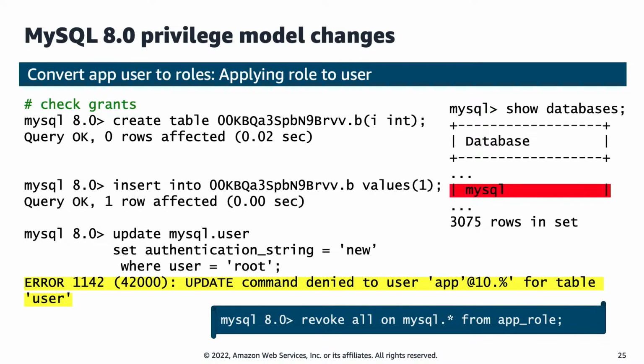And when we try to do an update, it will deny our update. So our bad actor will not be able to change the password, even if someone is able to get a SQL injection on the application.